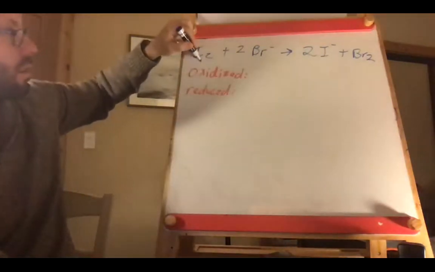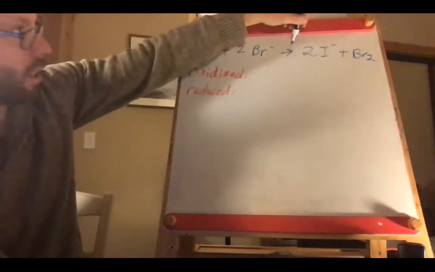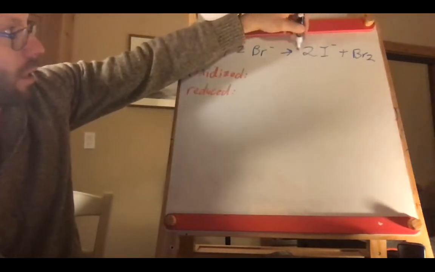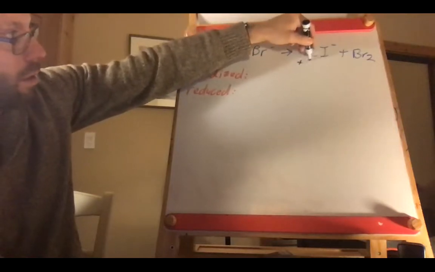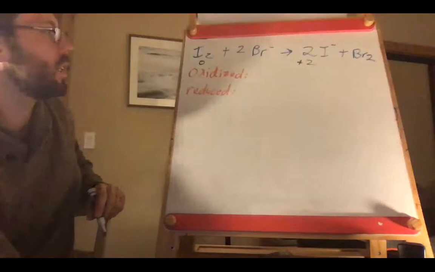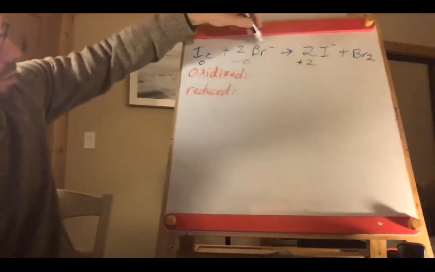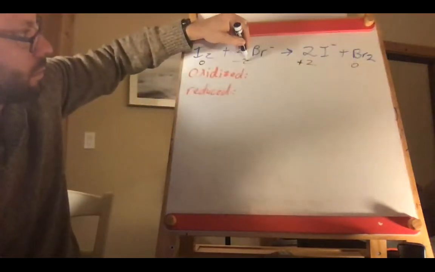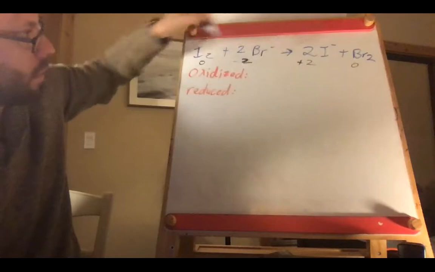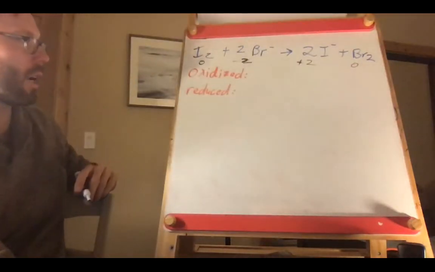So 0, and essentially it's going to be +2, and then here it's going to be a -2 and a 0. So what's being oxidized?